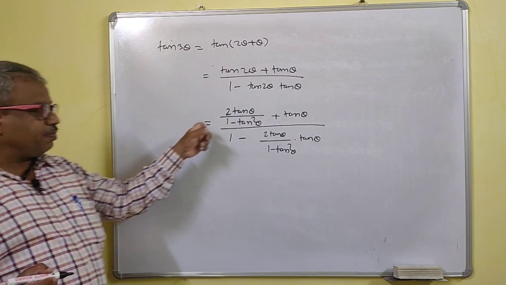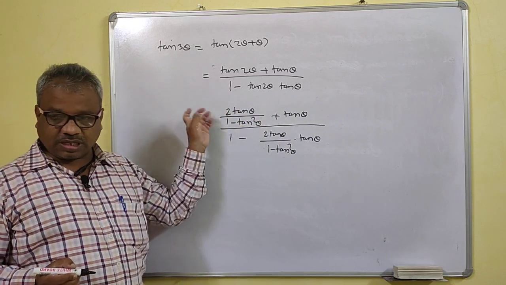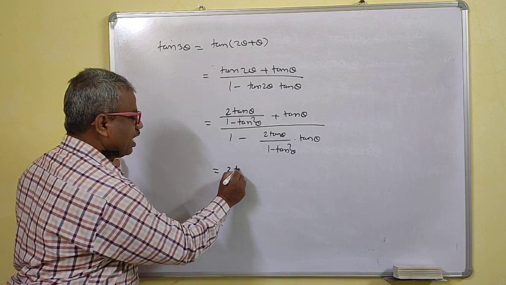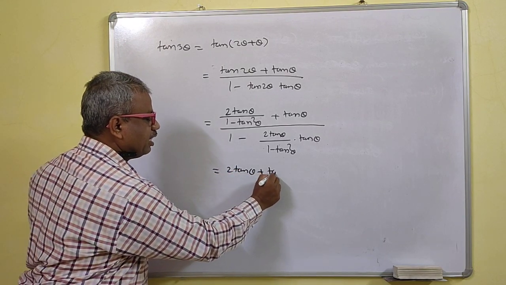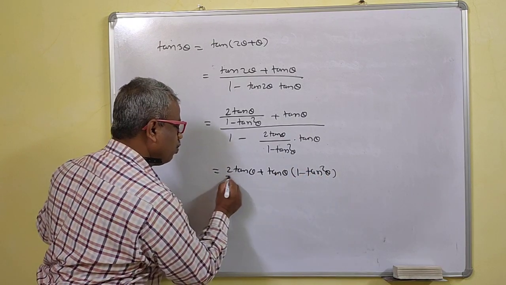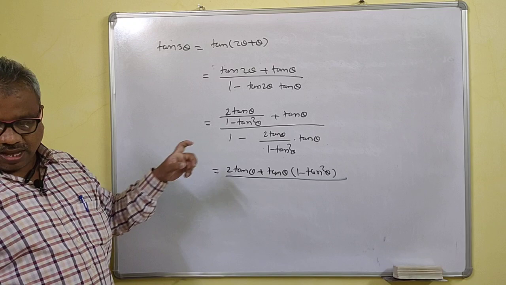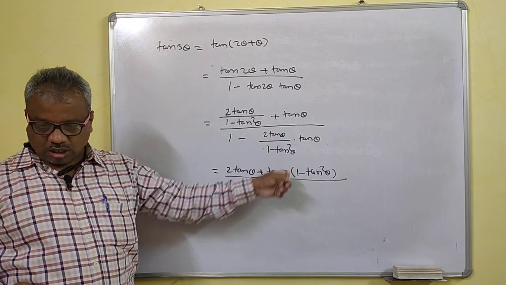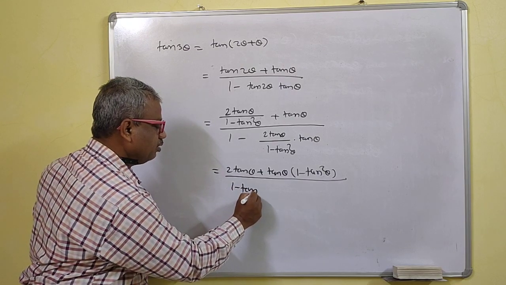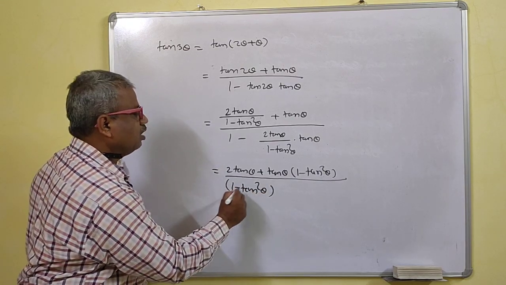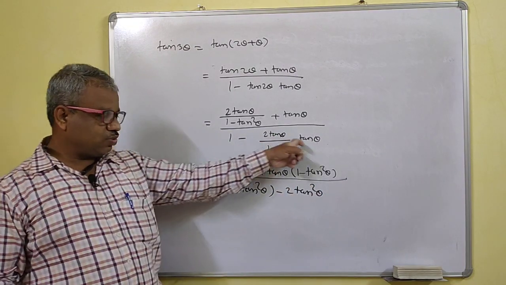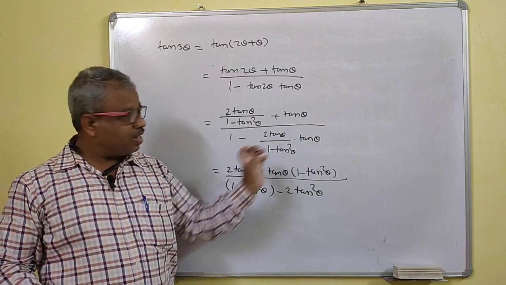So what we'll do, we'll multiply by 1 minus tan²θ to each term of the numerator and denominator. So this is 2 tan θ plus tan θ into (1 minus tan²θ), upon 1 minus tan²θ minus 2 tan²θ, because 2 tan θ into tan θ is the product of this one.